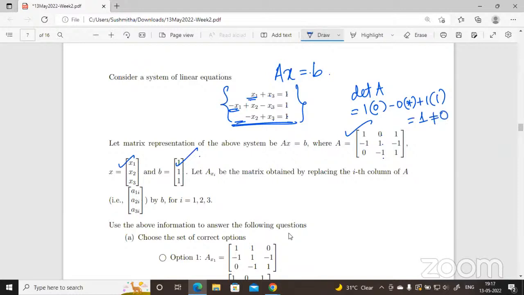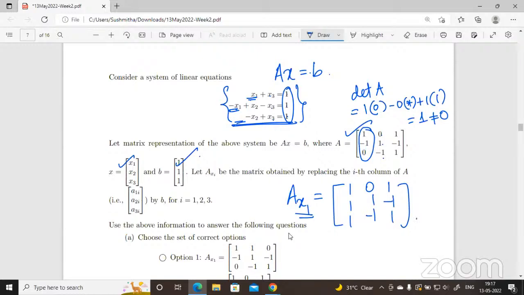So by Cramer's rule, how am I going to find out A_x1? The column corresponding to x1 is the first column. Remove that from the matrix and insert the B vector there. So 1, 1, 1. Everything else remains the same: 1, -1, 1, -1, 1. What is the determinant of this matrix?